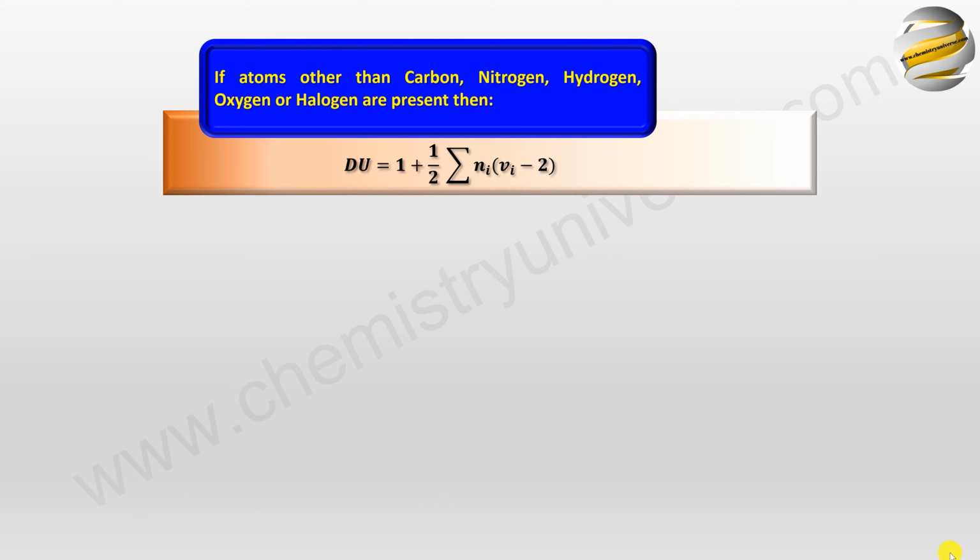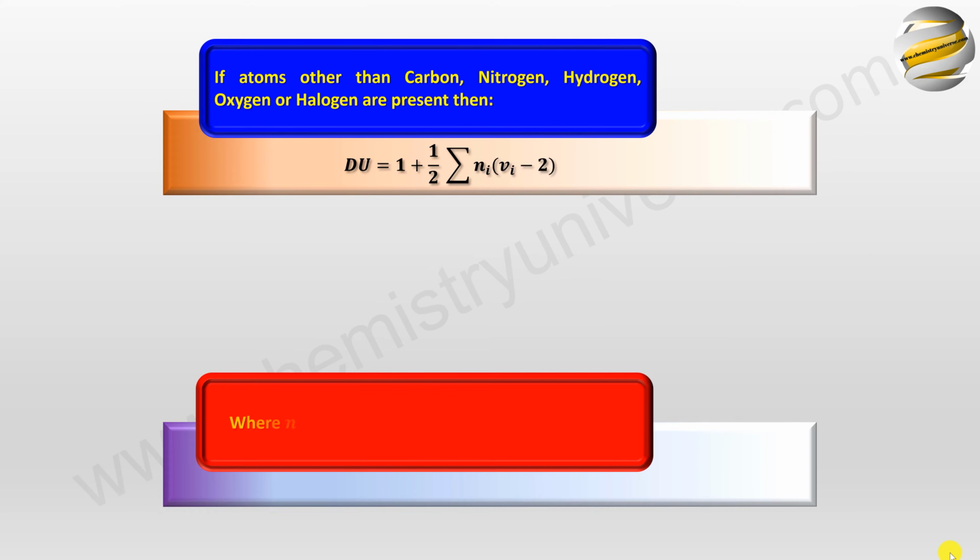So DU is 1 plus half of sigma Ni times (vi minus 2), where Ni is the number of atoms, each with valency vi. I'll give you a simple example. Suppose I have CH3NH2. As you can see, there are no pi bonds or rings here, so its DU should be 0.